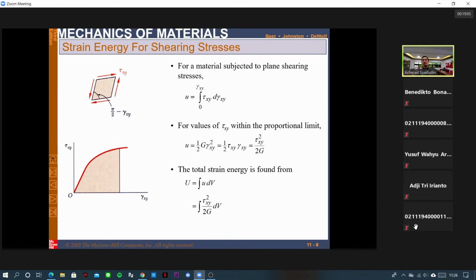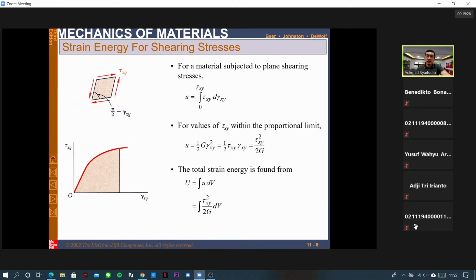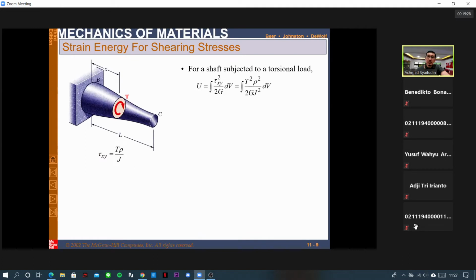We can get the formulation for the shearing stress. Shearing stress is for a body that has transversal load. So you can use this formulation. And this one is for torsional load. This is for transversal load, and this is for torsional load.